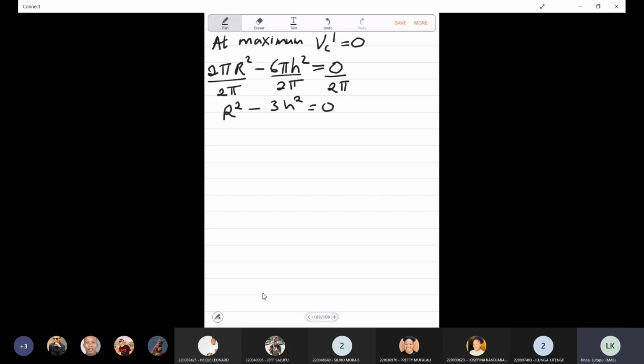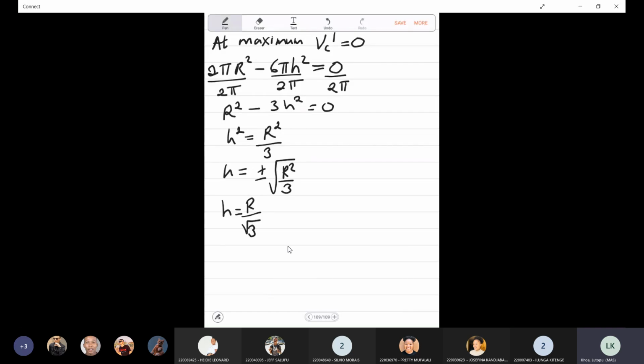So this means that h squared is equal to R squared over 3, and h would be plus or minus the square root of R squared over 3, but because h is a height, we cannot have a negative height, so this is just R over the square root of 3.